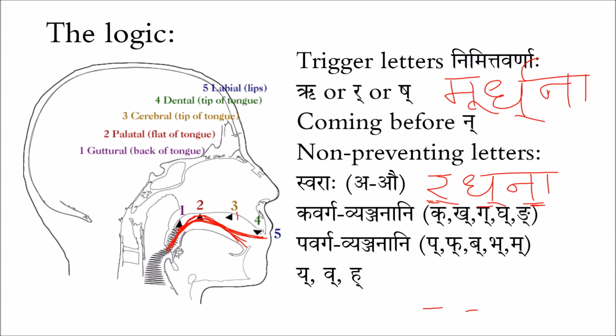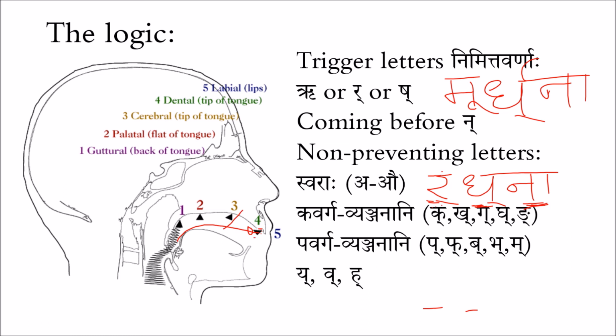But what is the logic? After the repha, we are pronouncing dha, which is a dantya letter. For the dha, the jihva, the tongue, is already here. And it is much easier to pronounce na. We don't have to change it to ṇa here.